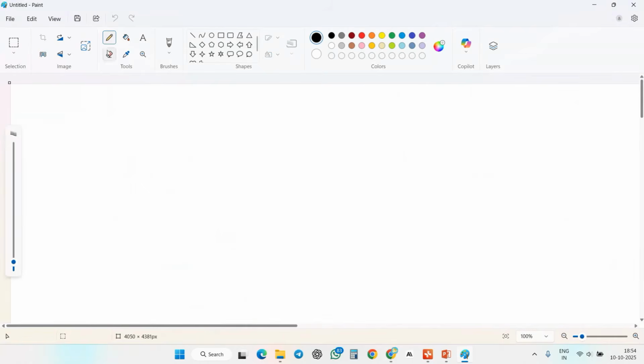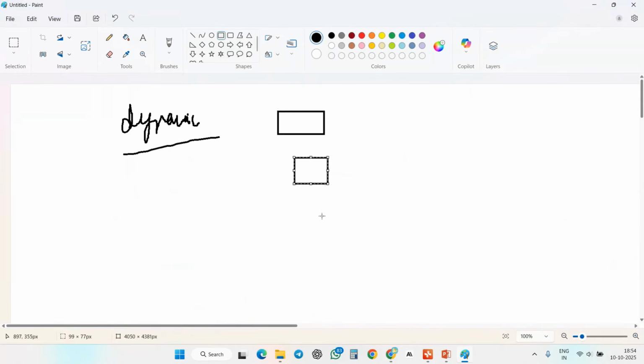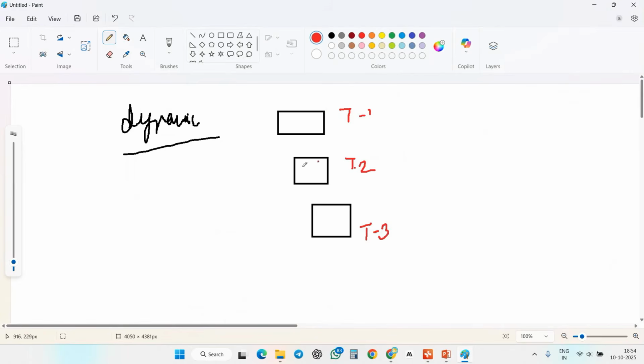But if you look at the earliest deadline first, it is dynamic. Why is it dynamic? For example, I have three tasks: task 1, task 2, and task 3. Three tasks, guys, simply.